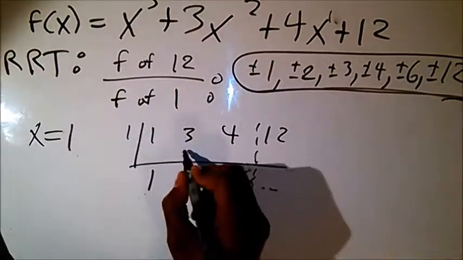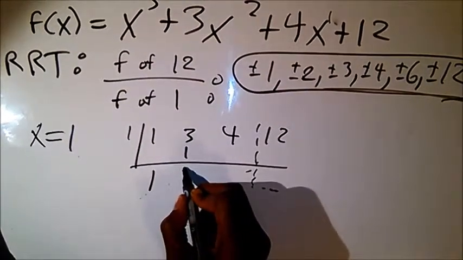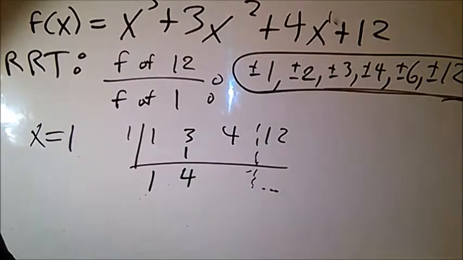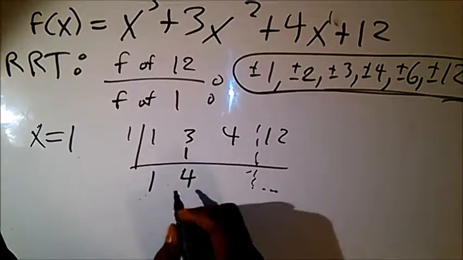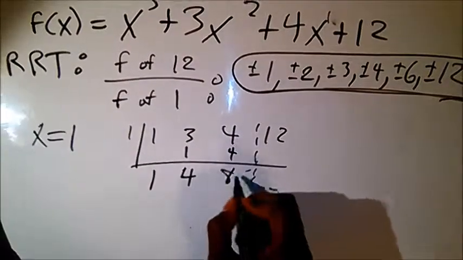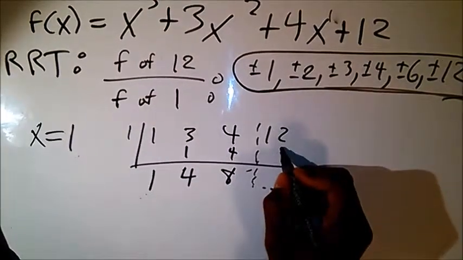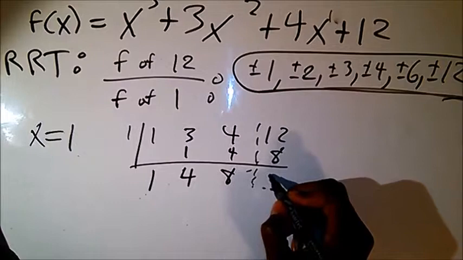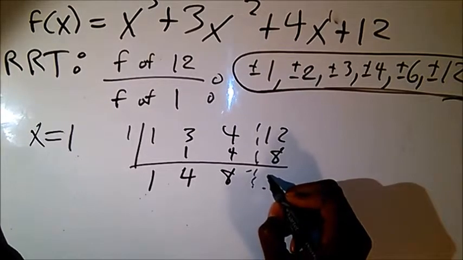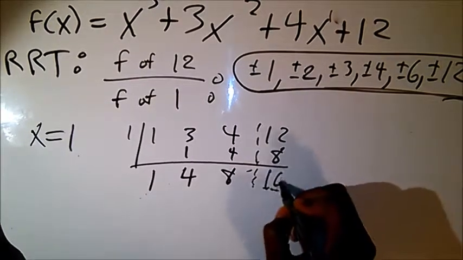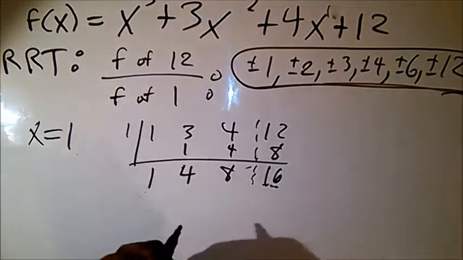Bring down the 1, 1. That's 4. 4, 8. 16. Okay, so this one doesn't pass the test.